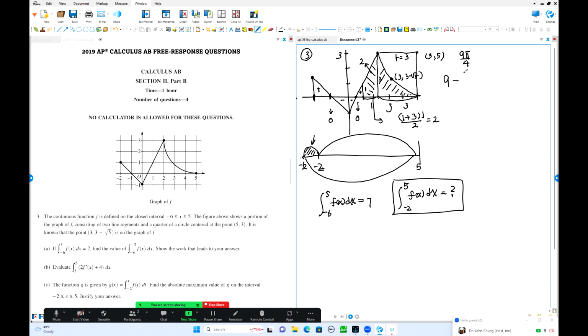When you take away the quarter circle, you get this area: 9 minus 9 pi over 4. That's the area of this side. So this area equals 2 plus this one, 9 minus 9 pi over 4, which equals 11 minus 9 pi over 4.